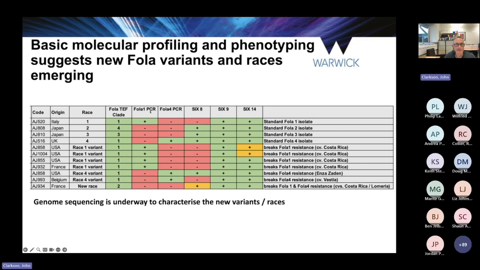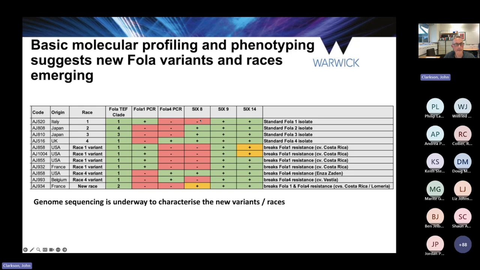Then we have the specific PCRs for both race 1 and race 4. And then, as I said earlier, we can look for the presence of the 3 key genes, 6-8, 6-9, and 6-14. So you'll see that race 2 and race 3 also contain 6-8, as does race 4, whereas race 1 doesn't.